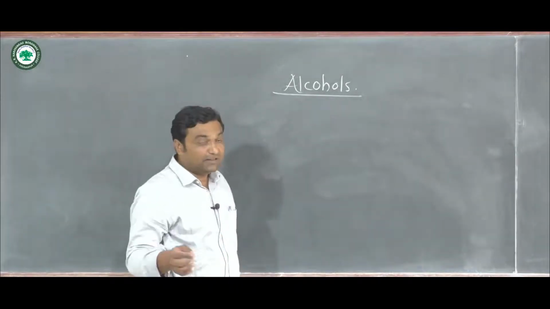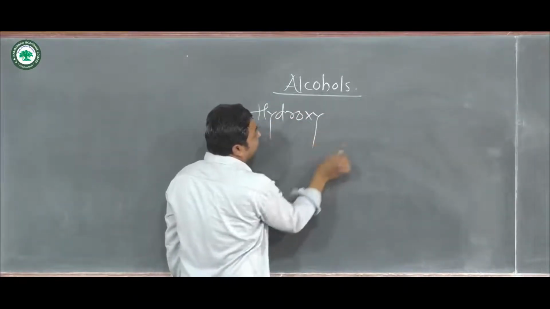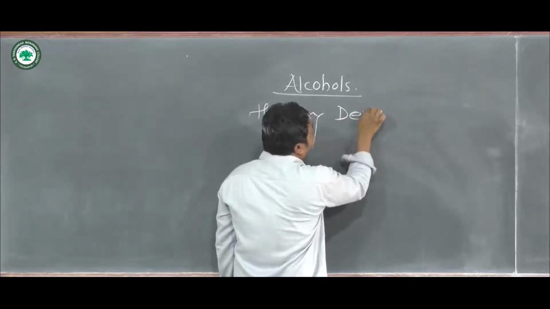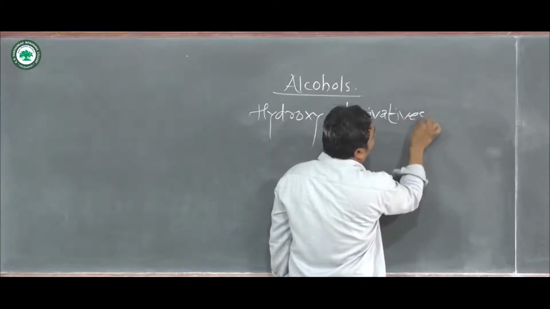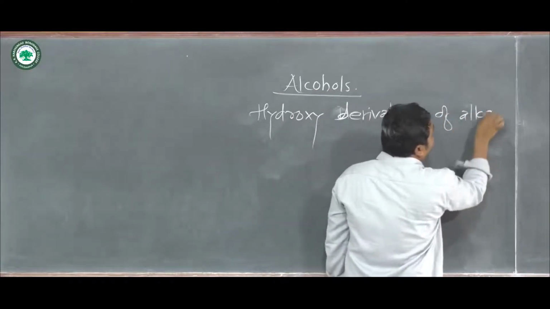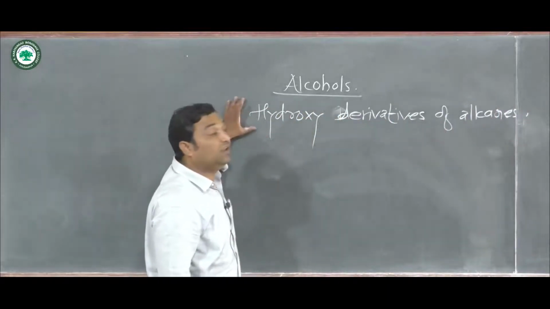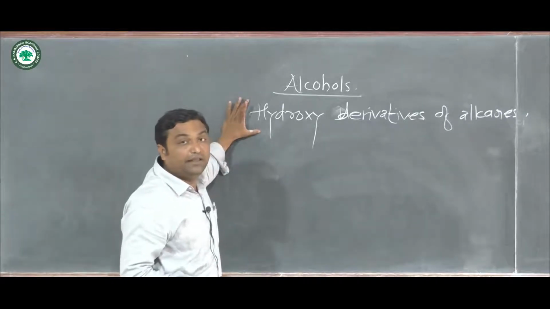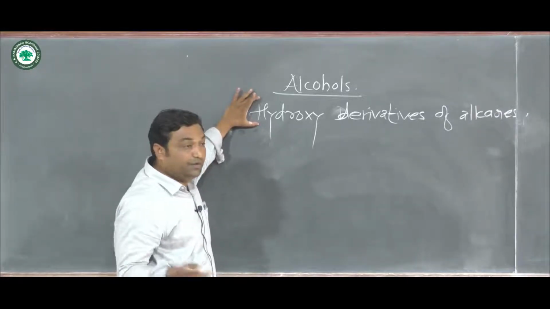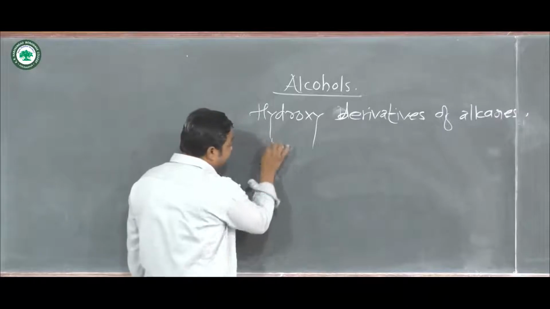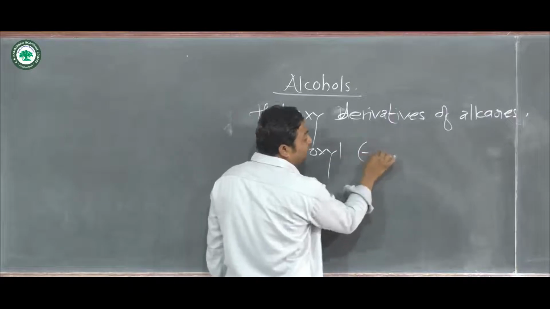That's why alcohols are nothing but hydroxy derivatives of alkanes, which are obtained by a replacement of one or more hydrogen atoms from an alkane by the same number of hydroxy groups. We know that the hydroxy group is nothing but the hydroxyl group, that is the OH group.